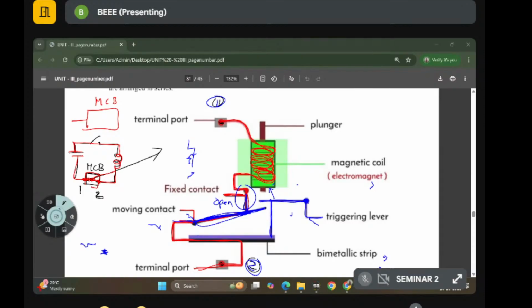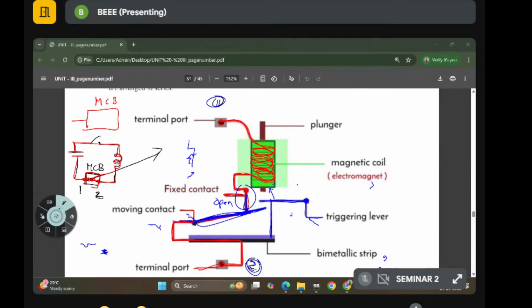So these four lines are enough, more than enough. Whether you acquire the knowledge of the operation or working of the fuse is enough. Once again I repeat, whenever abnormal condition occurs, the current through the circuit rises, increases, the magnetic coil of the circuit breaker gets magnetized.